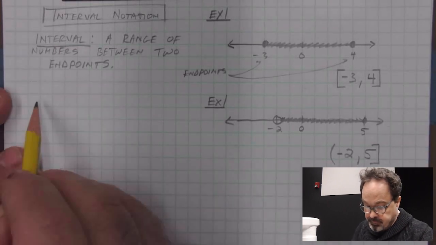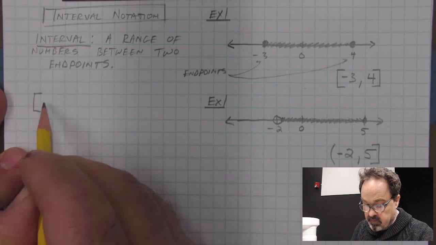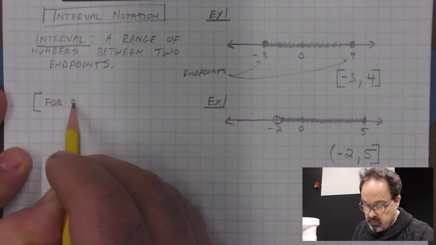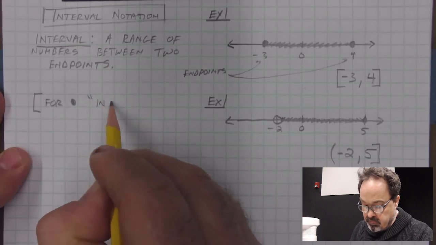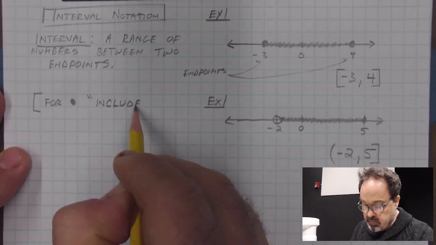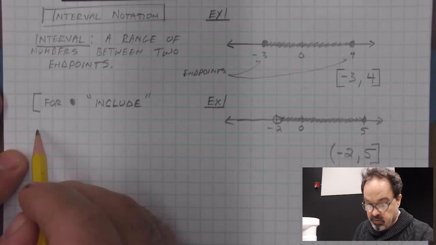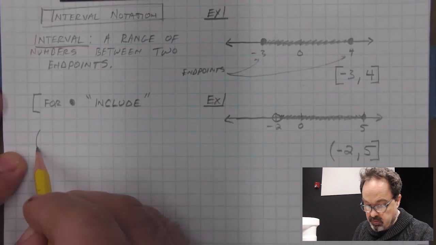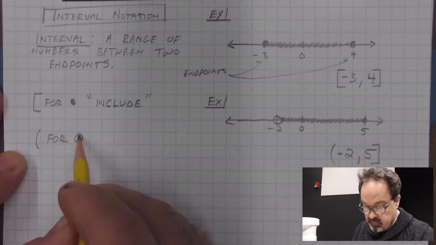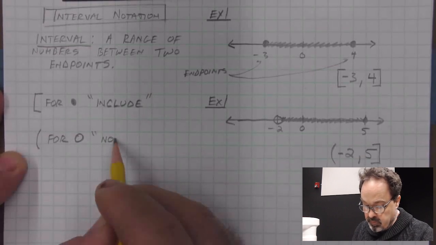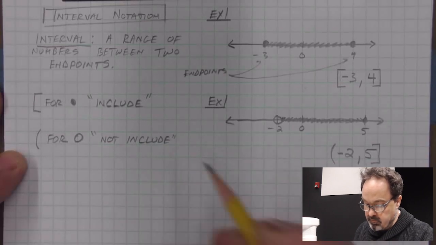We can make a note that we use a square bracket for closed dots, and it means to include. And we use a parenthesis, or a common rounded parenthesis, for open dots, which means to not include the number at that location.